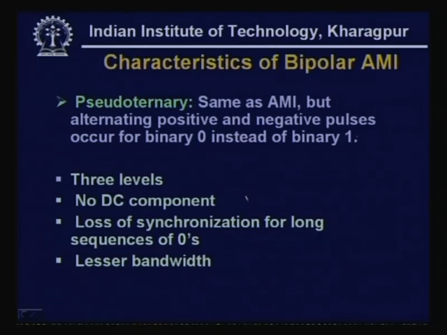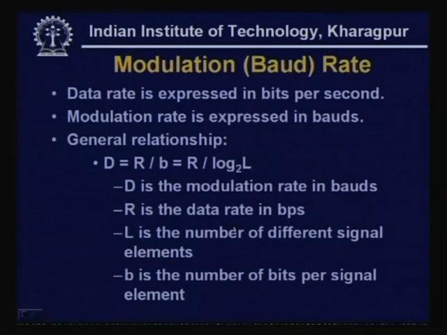You can use either of the two, having the same characteristics. Obviously this is a very good feature: no DC component. Unfortunately, loss of synchronization for long sequences of zeros has made it not useful. However, it has a very attractive feature, lesser bandwidth, as we shall see in the subsequent diagrams.